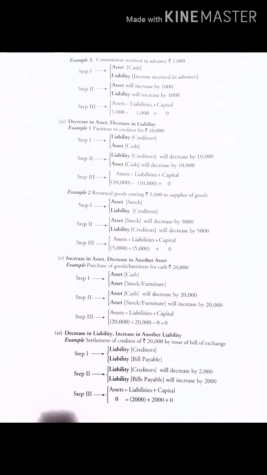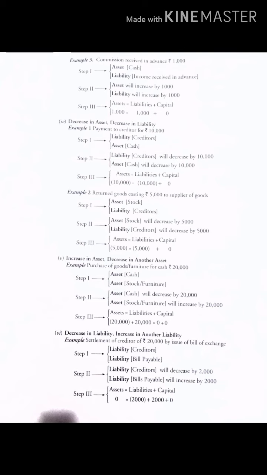Now which are the two variables being affected? One is creditor. Creditor means it is my liability. Now we are giving them bills payable. Why bills payable? Because we are promising them that we will pay later. Pay means payable, so bills payable. So bills payable again is a liability.